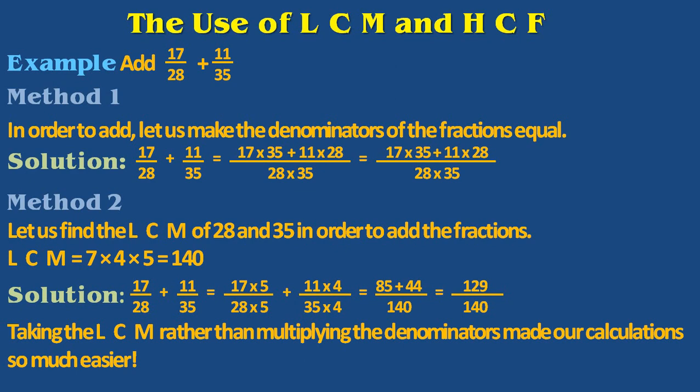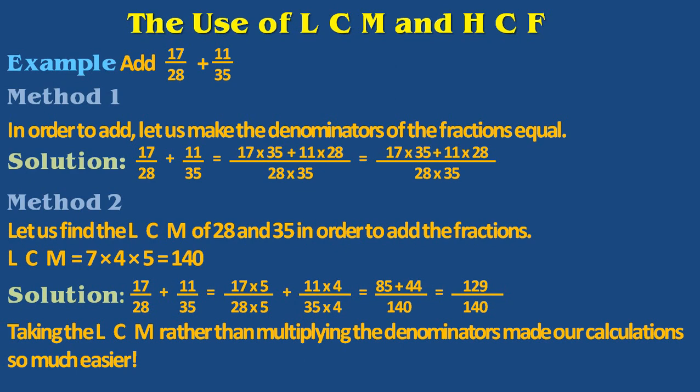Now method 1 is to add the fractions. Let us make the denominators of the fractions equal. Now you can see 17 upon 28 plus 11 upon 35. What we will do is make the denominators the same. We will multiply 28 into 35.